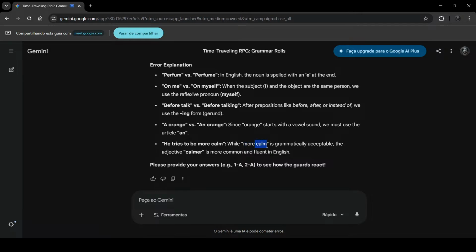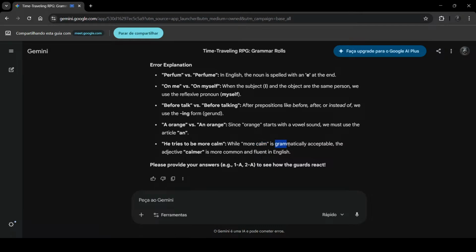We're talking about comparative adjectives, right? Calm has one syllable. Usually when an adjective has one syllable, we do not use more. There are exceptions, obviously. In English, there are exceptions. Like here, this is an exception.